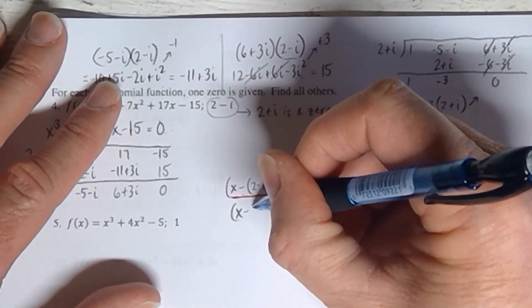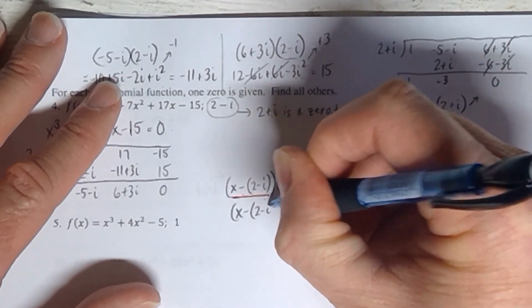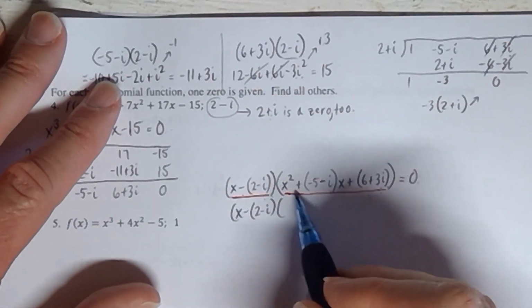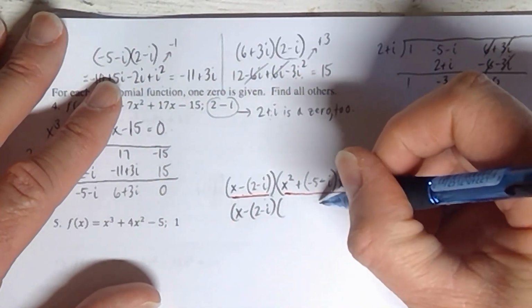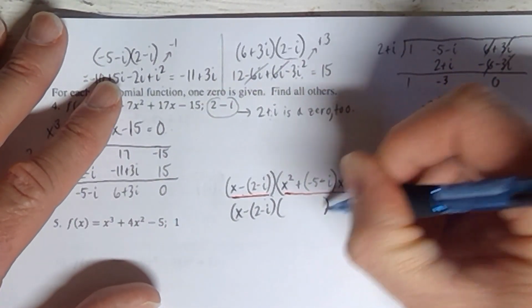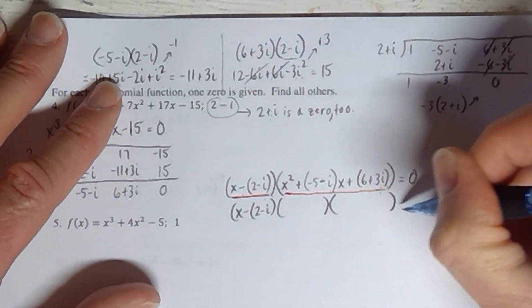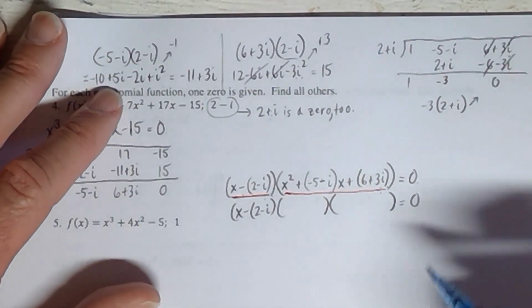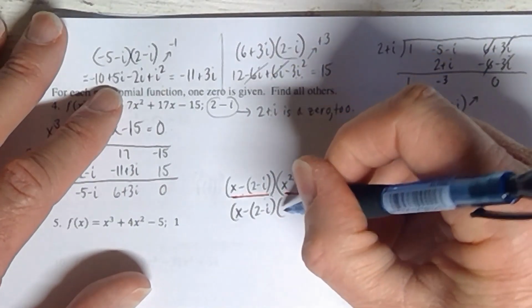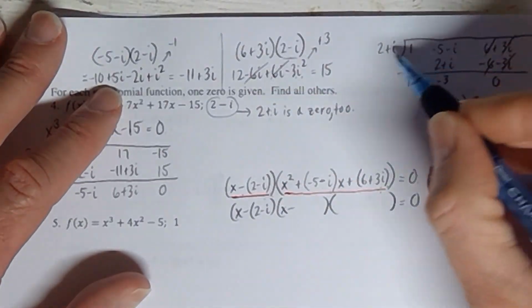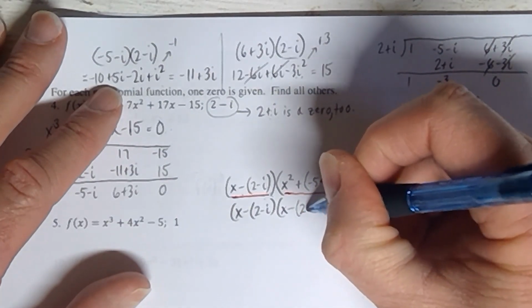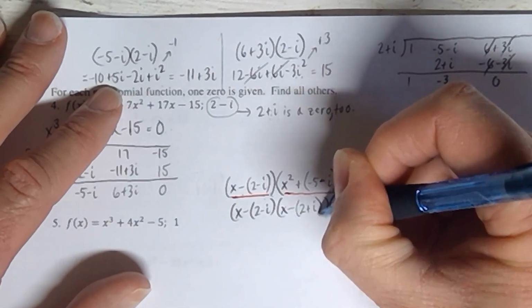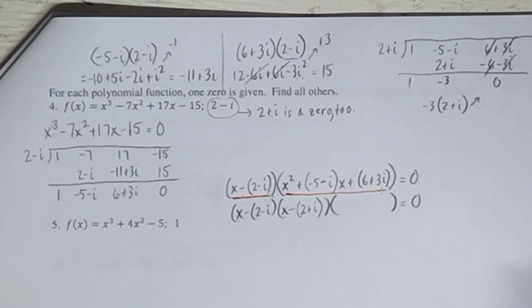Well, anytime you do synthetic division on something you're trying to factor, and in this case, the thing I was trying to factor was this one right here, the big bracket right here, it breaks it down to what? It breaks it down to 2 more factors, as long as the remainder is 0. That first bracket is going to be what? It's going to be x minus the outside. As always, x minus the outside, and we need to keep it as minus this time because it's got 2 terms on the outside there.